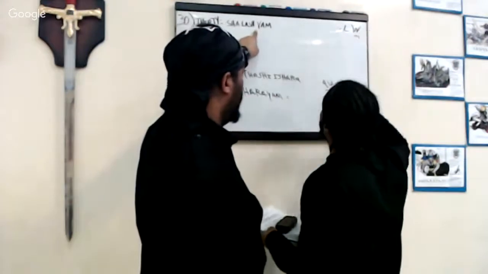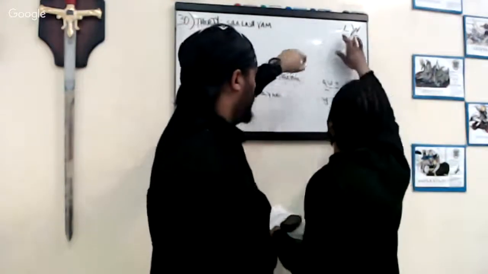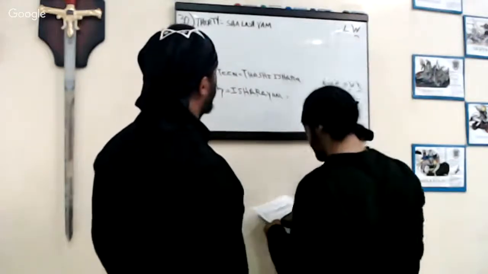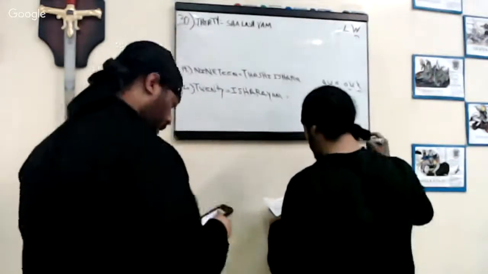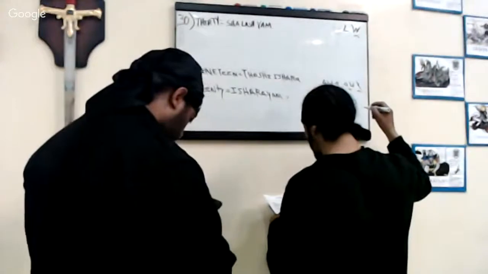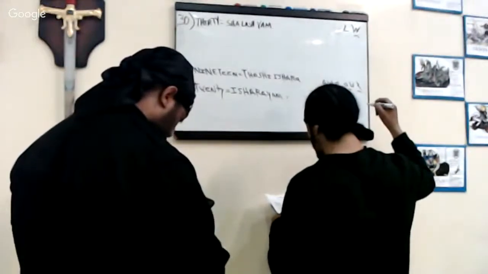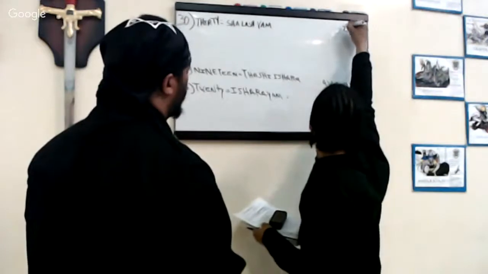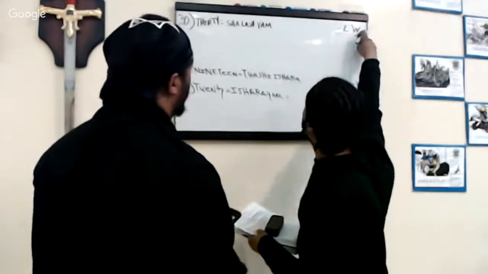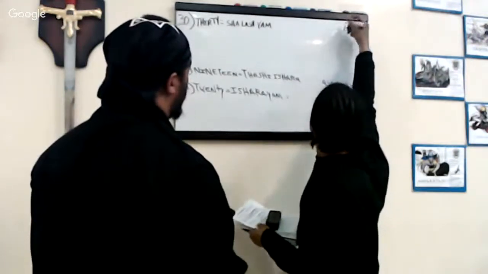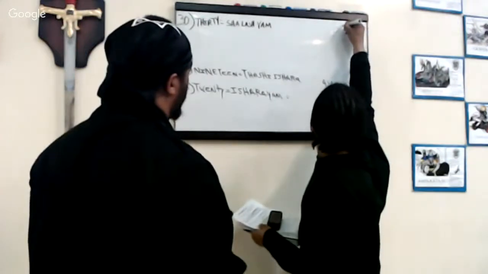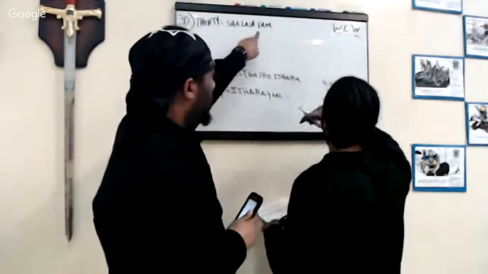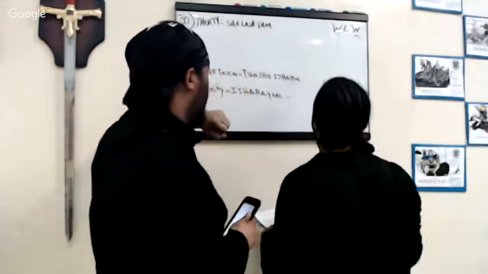Without the A. So what character do you have to put right there? Another Shah. Okay. What's this character? Ya, put the Ya.